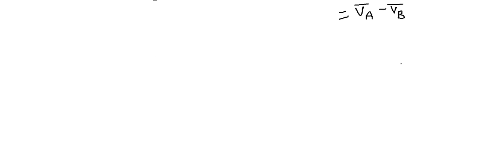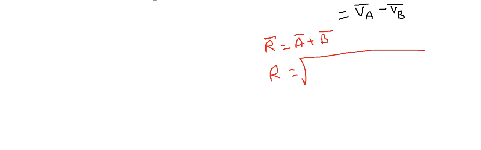So whenever we have two vectors and the resultant of the two vectors, let us say R bar is equal to A bar plus B bar, then the magnitude R is given by root of A square plus B square plus 2AB cos theta.